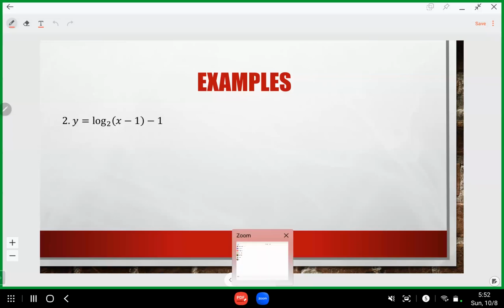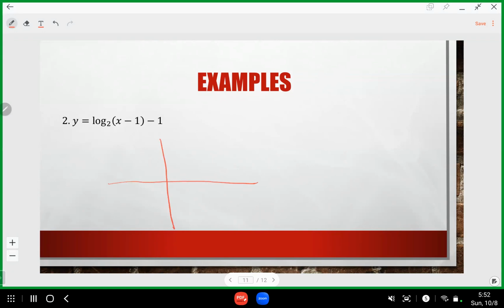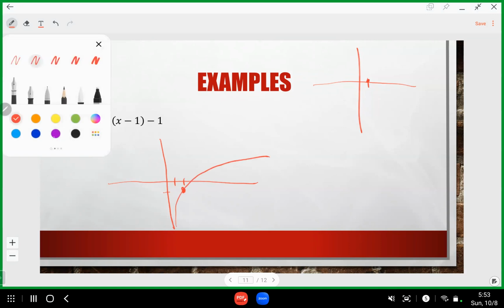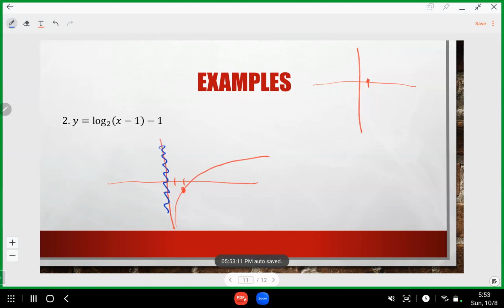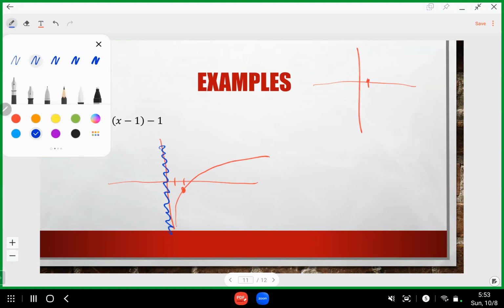Of course the base is 2 again. We have a reference point at (1, 0), usually. But in this case, we move right and then move down. So the reference point here is actually (2, -1), because we moved down. The vertical asymptote is still the same. So we have this, and the reference point is moved right and then down.